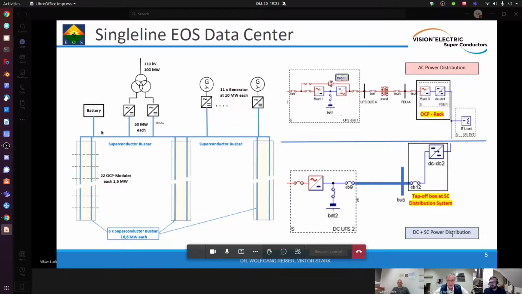The nice part is we are working at a voltage of the battery level. That means we do not need a battery for the emergency case in each of those modules, but we have moved the battery outside. There is no resistance between battery and the single OCP modules, so there is no voltage drop and no power loss in between.